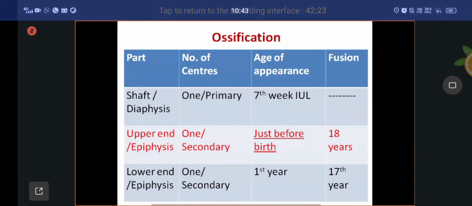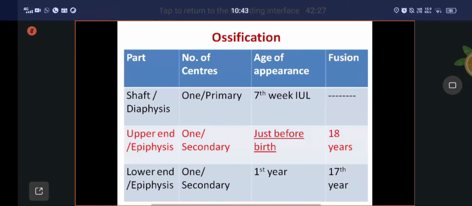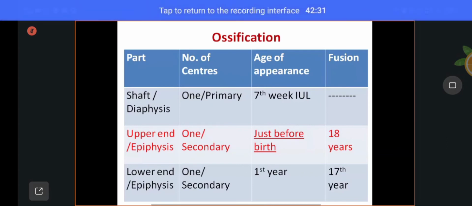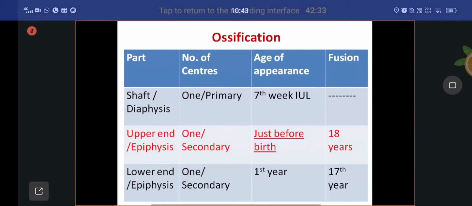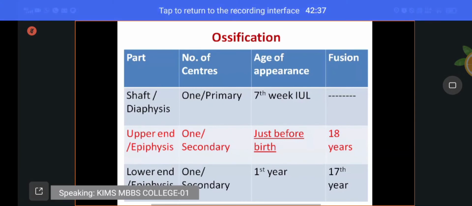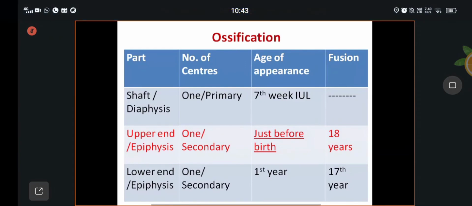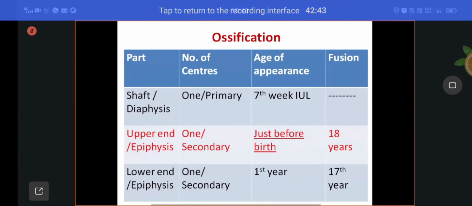And coming to the ossification, this is very, very important. Basically one primary center and two secondary centers. If you take any typical long bone, the primary center is always one, which gives rise to the main part of the body that is called the shaft.